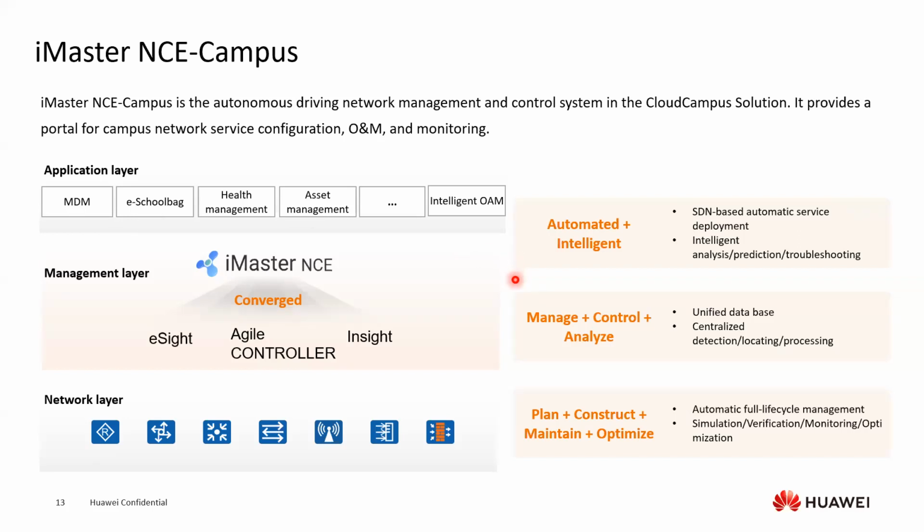So it has all that you can think of in a campus network. It can provide you with an automated intelligent network, for example, software network-based automatic device service deployment.